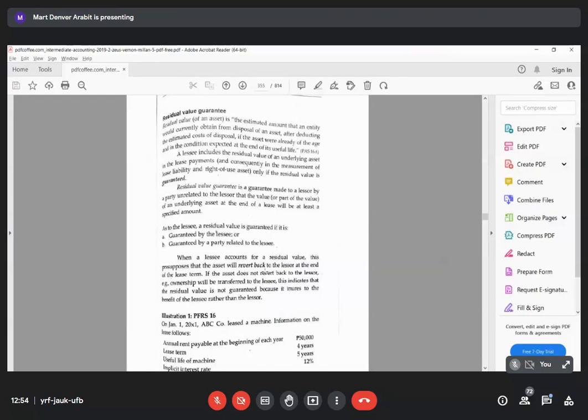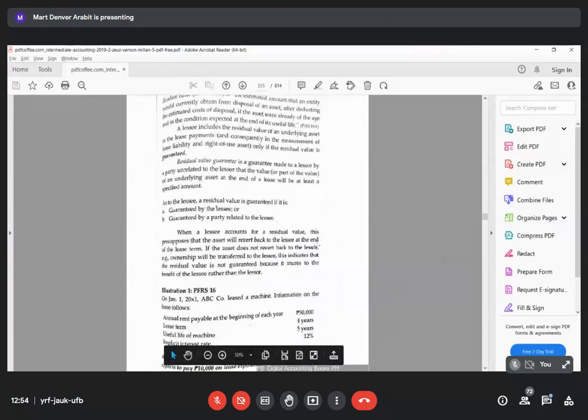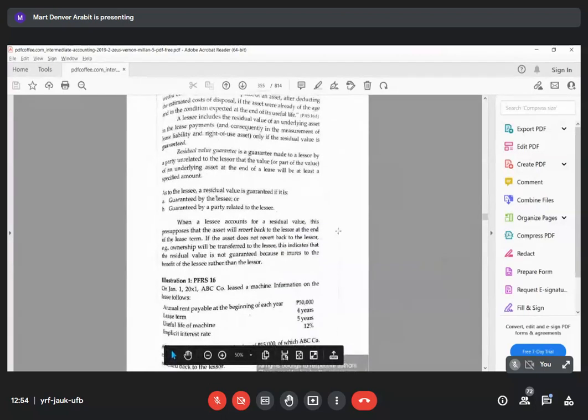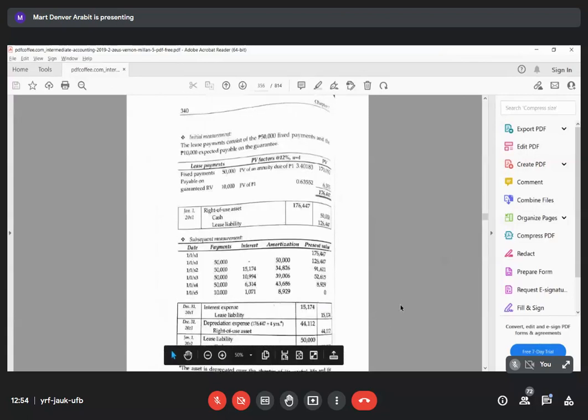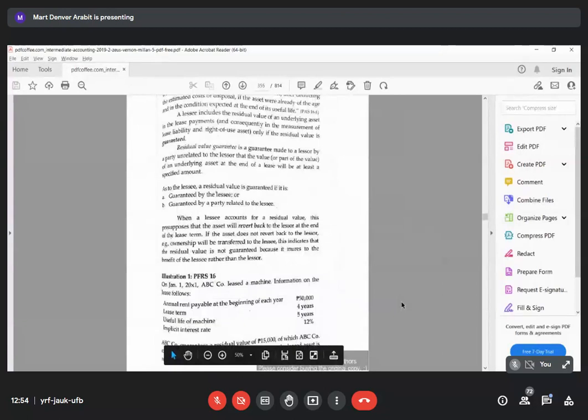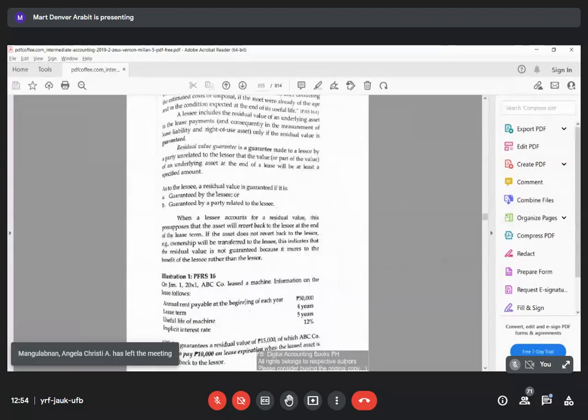Okay, so let's see an example. PFRS 16, on January 1, the annual rent payable beginning of each year is 50,000. Again, payable in advance. So we will use annuity due. Lease term is 4 years. Useful life of machine is 5 years. So implicit rate is 12%.